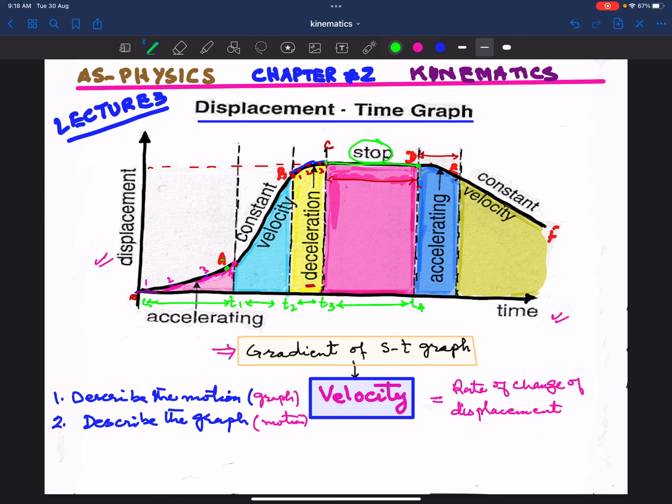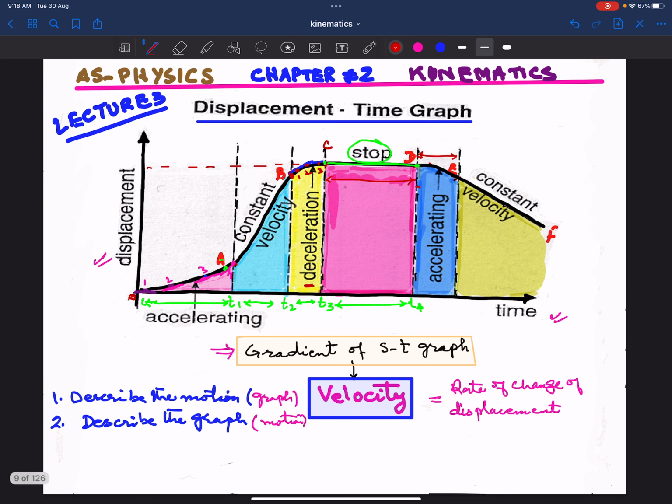Now this is very important to understand, that whatever has happened from point O to point D, this is all in the positive region of the displacement.